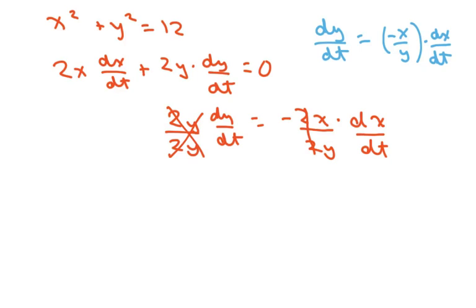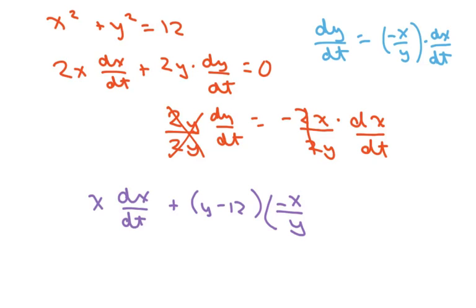Alright, thus, when we combine these two, we have x times the derivative of x with respect to t plus y minus 12 times negative x over y times the derivative of x with respect to t equals s times the derivative of s with respect to t.